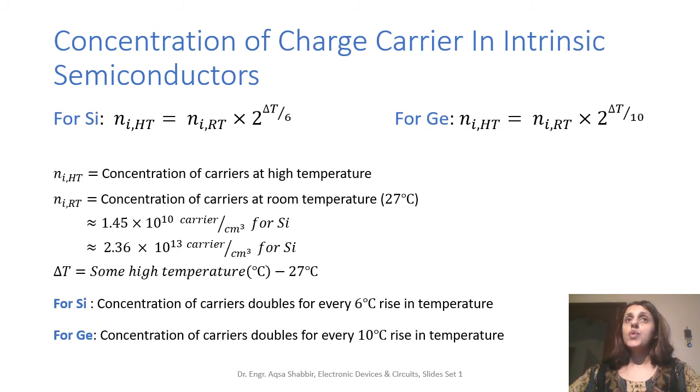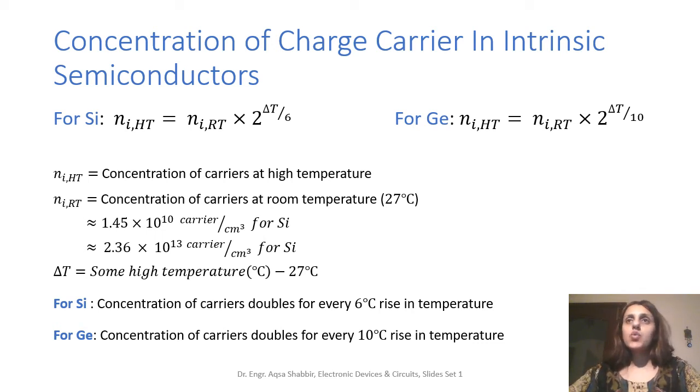Over here, we look at how the concentration of charge carriers changes in a semiconductor with an increase in temperature. This we established earlier, that in semiconductors, the concentration of charge carriers increases with an increase in temperature, which in effect reduces their resistivity and increases their conductivity.